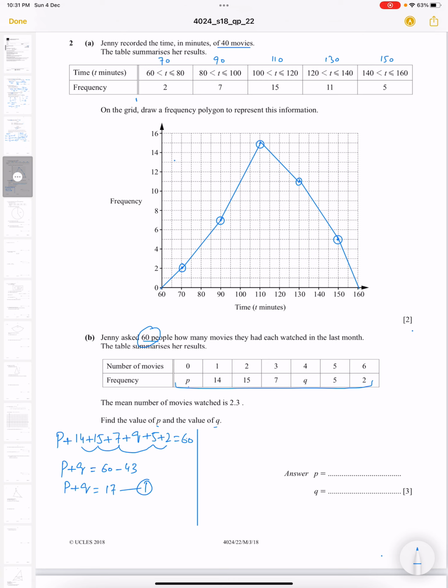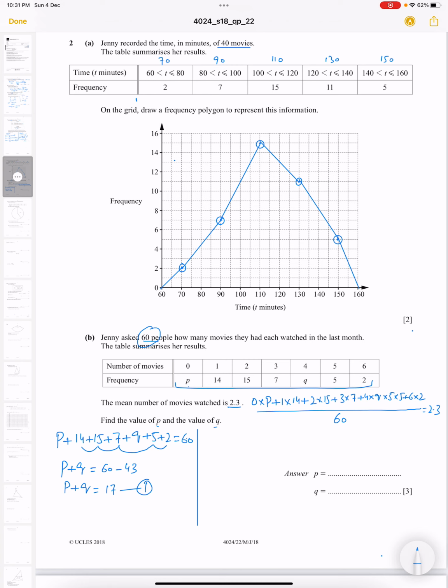And also the mean is 2.3, so we will use the concept of mean here. In a frequency table, we multiply frequency with the corresponding values and add them up together. So we have 0 times P plus 1 times 14 plus 2 times 15 plus 3 times 7 plus 4 times Q plus 5 times 5 plus 6 times 2, over 60, and this is equal to the mean, which is 2.3.